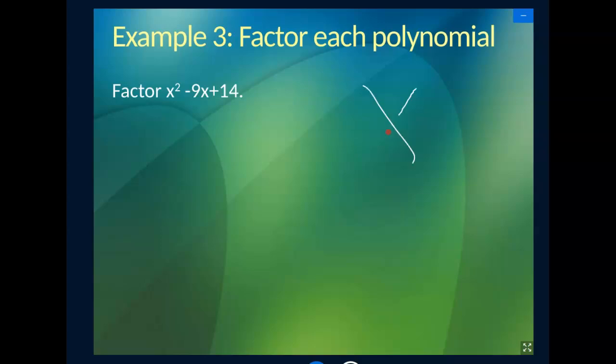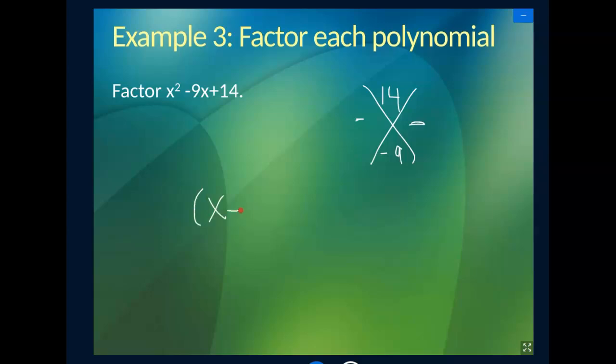So again, first term's coefficient is 1. So you say, okay, what two numbers multiply to 14, but add to -9? In order to multiply to a positive and add to a negative, both of my numbers this time have to be negative, right? Perfect.